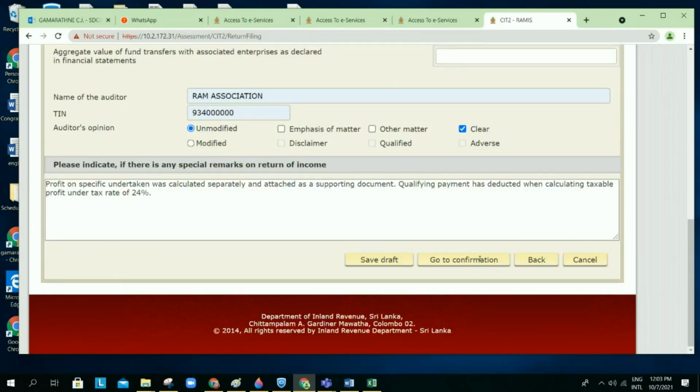Then here the taxpayer is supposed to enter: Profit on specific undertaking was calculated separately and attached as supporting documents. Qualified payment has been deducted when calculating the taxable profit at the tax rate of 24%. Likewise, you can enter specific things here.